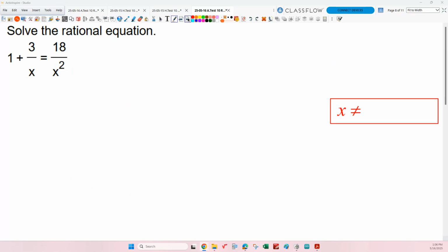Nope. So then I use the other method, which was the LCD. What would my LCD be? We have two different factors, x and x squared, which gives us x cubed.